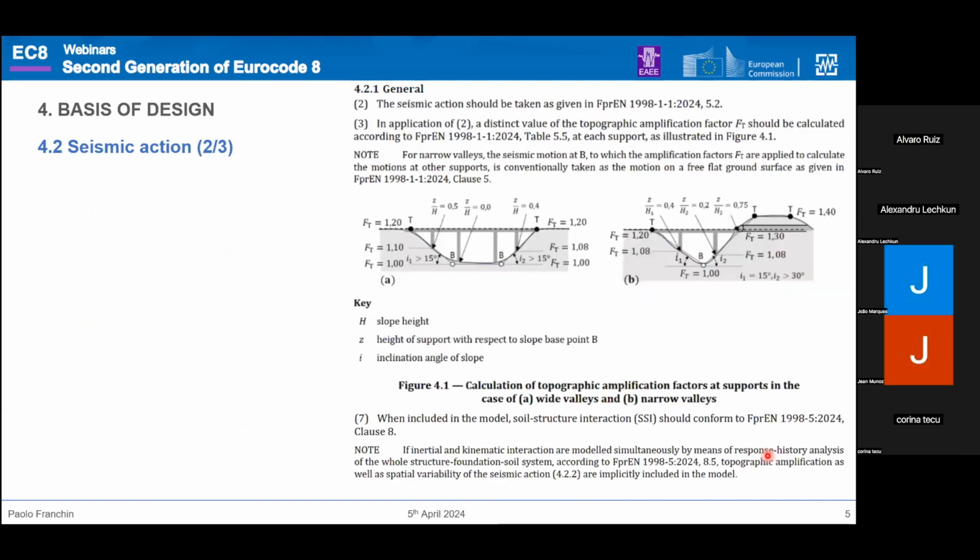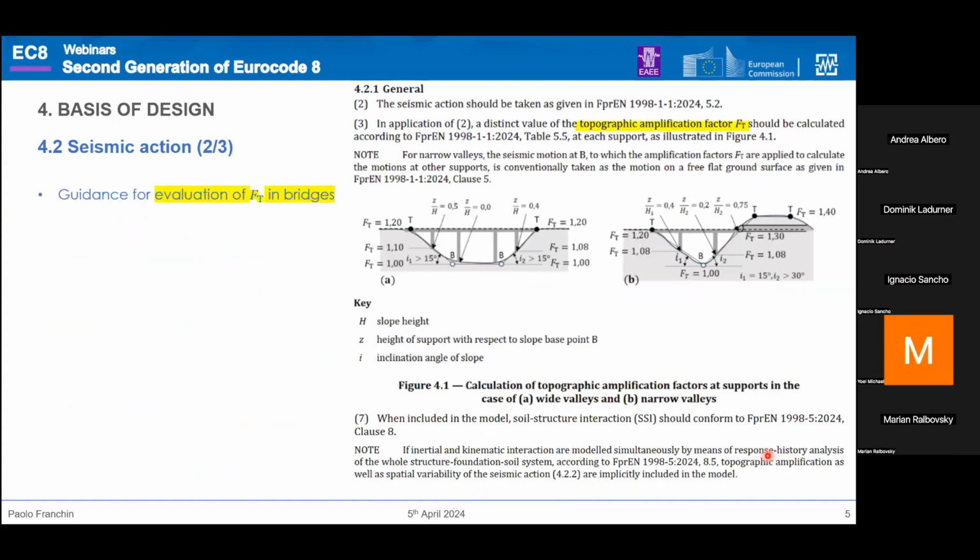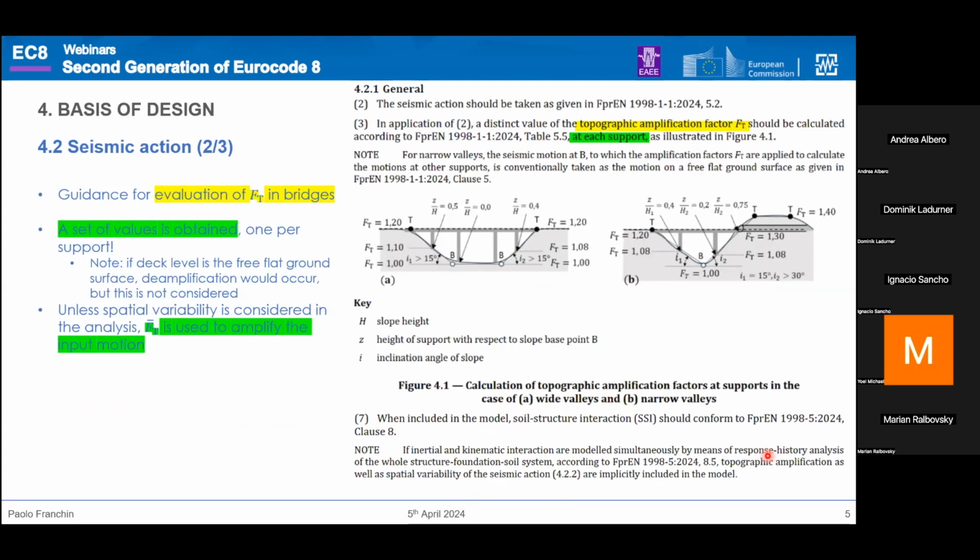An important aspect of seismic action for bridges that required a little bit of elaboration is how to deal with the topographic amplification, because these are not single point facilities, but extended structures. So guidance for the evaluation of the topographic amplification factor F_T in bridges was given through this figure, through examples.